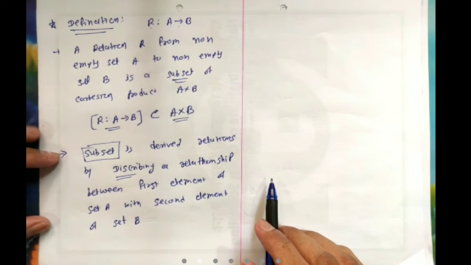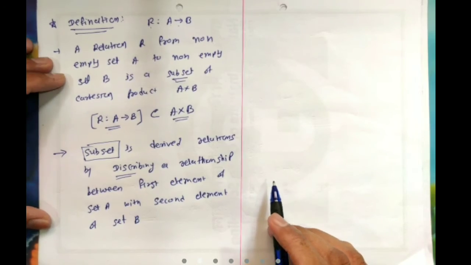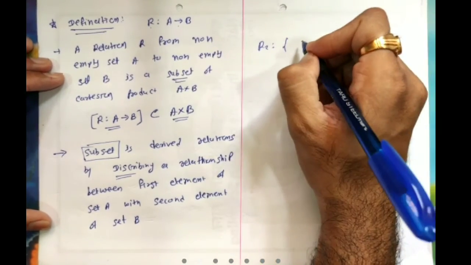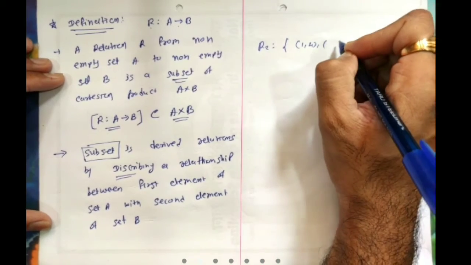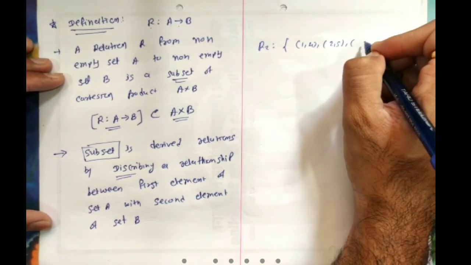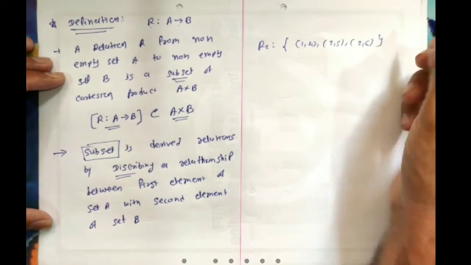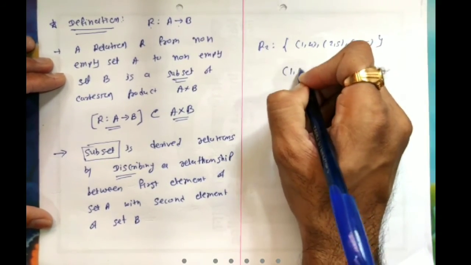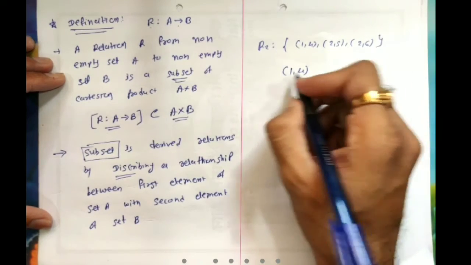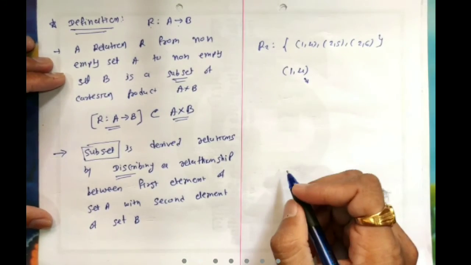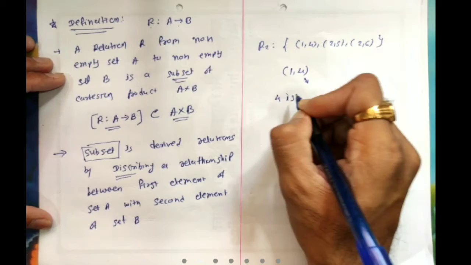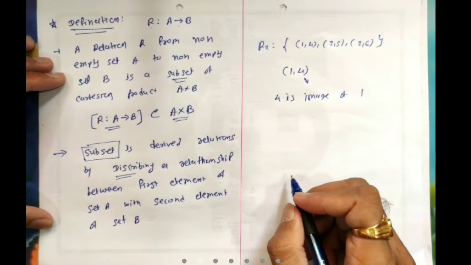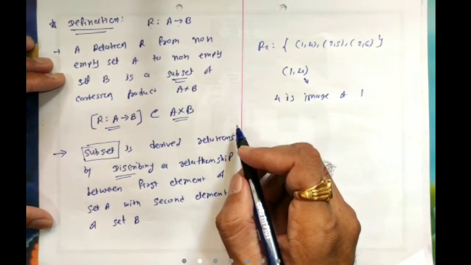for any relation, we are getting a set of ordered pairs. For example, if we are considering relation R2, so relation R2 is nothing but (1, 4), (2, 5), (2, 6). These are all the possible ordered pairs. So in these ordered pairs, suppose you are taking (1, 4), in this ordered pair, this 4, which is the second element, is known as the image of element 1. 4 is the image of element 1.